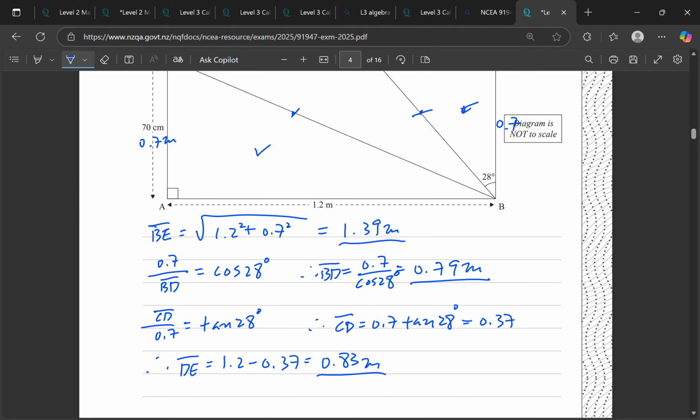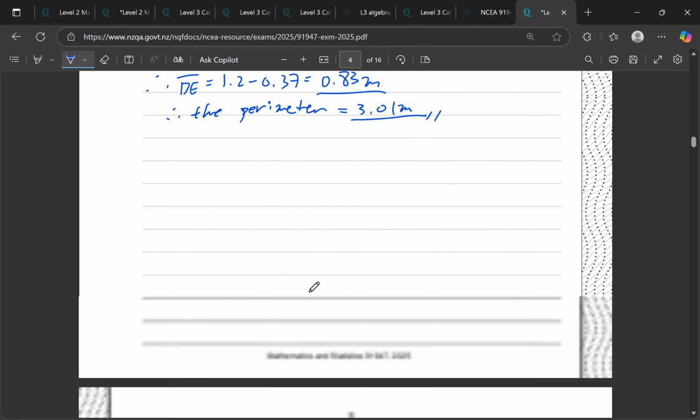So I need these three to add up, so the perimeter equals 3.01 meters. All right, that was easy.